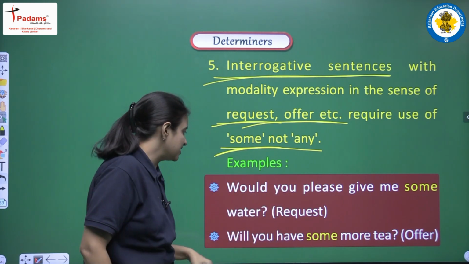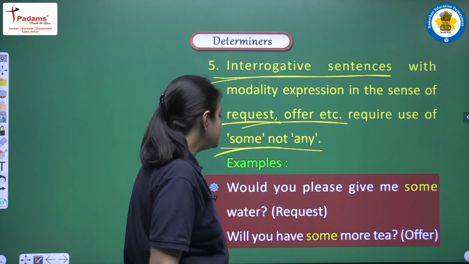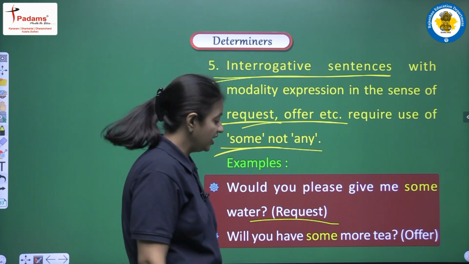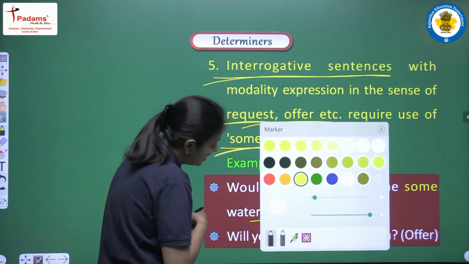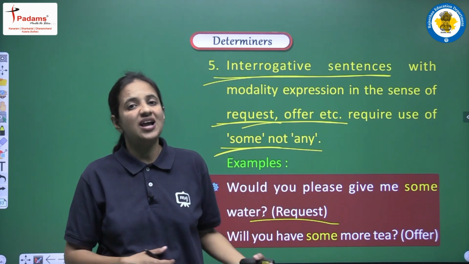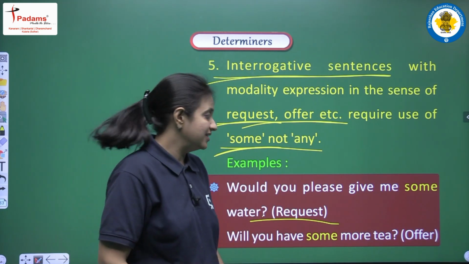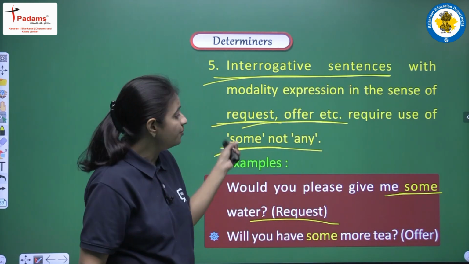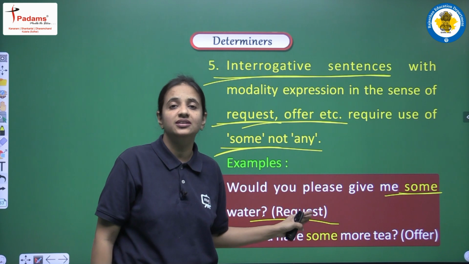So let's see the examples. Would you please give me some water? Here we are making a request. Yes, we have a question mark at the end of the sentence, so this is an interrogative sentence, but actually in this sentence we have a request, and this is the reason we are using some here. The sentence is: would you please give me some water, right?